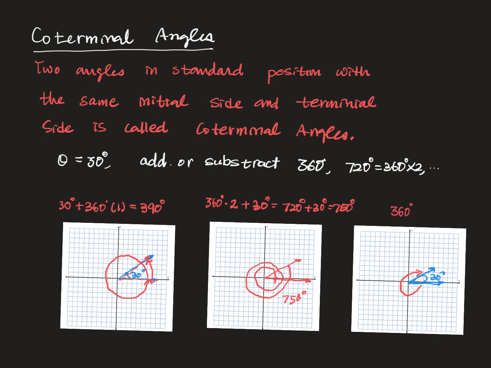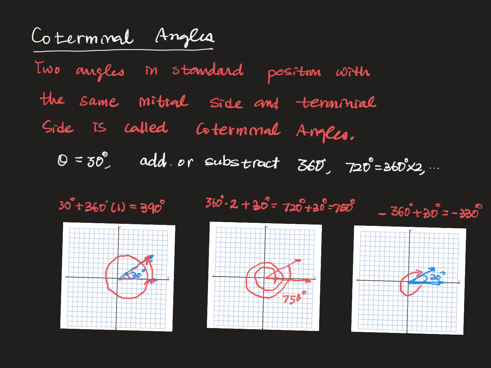We go in the opposite direction, so that's negative 360 plus 30, which is negative 330. That's another coterminal angle. Always remember: going in the positive direction, you add; going in the negative direction, you subtract. That's how you find a coterminal angle in standard position.